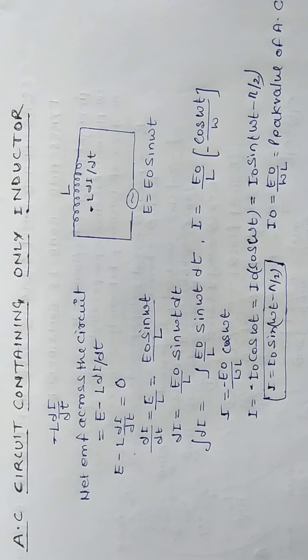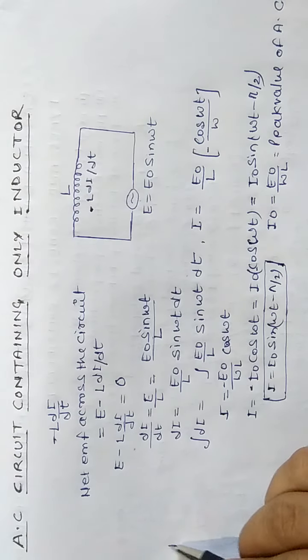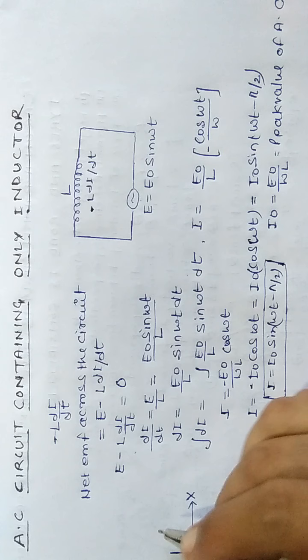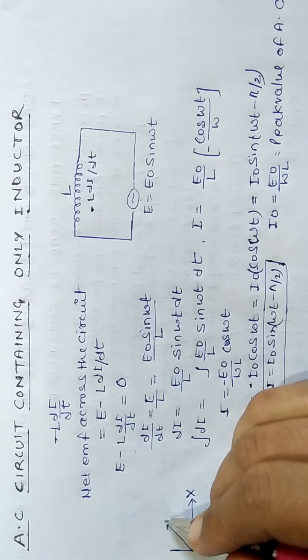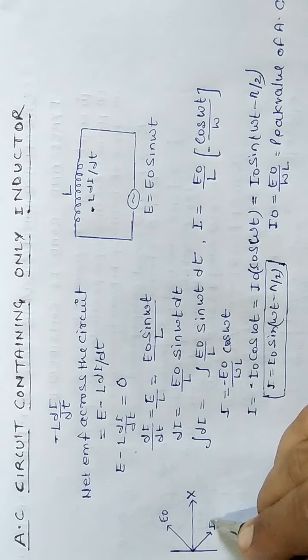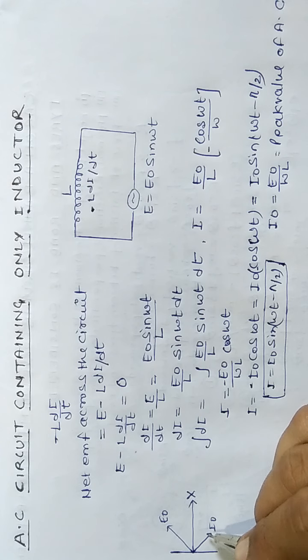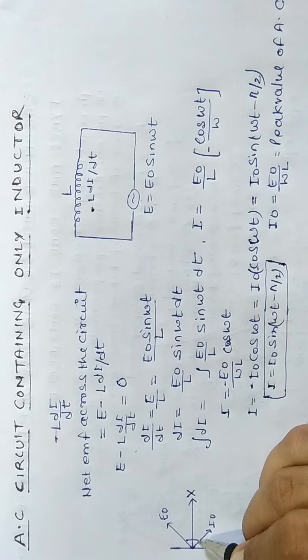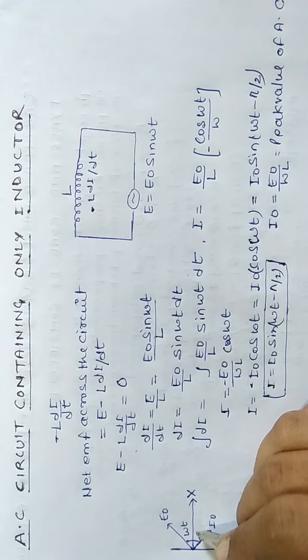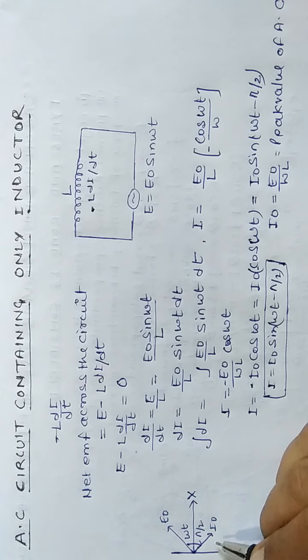Now we can see that current lags behind the EMF by an angle π/2. So this can be represented as E₀ and I₀ having a phase difference of π/2, with ωt as shown.